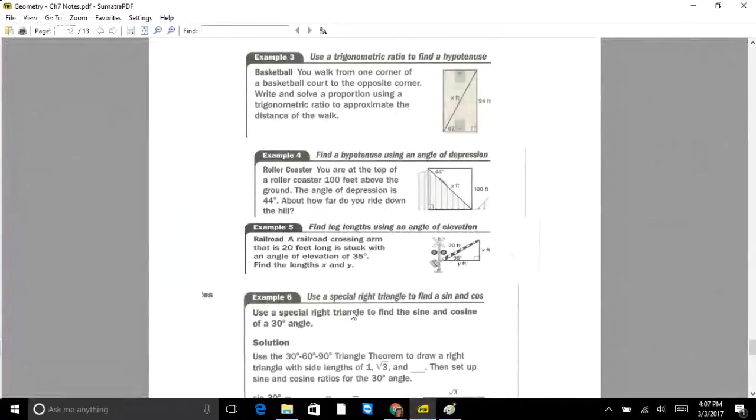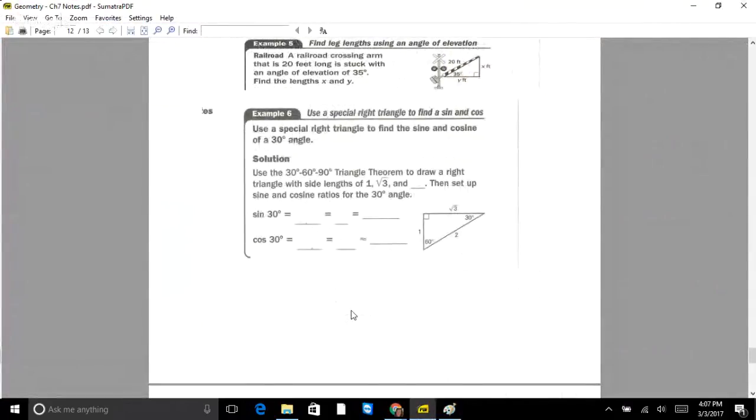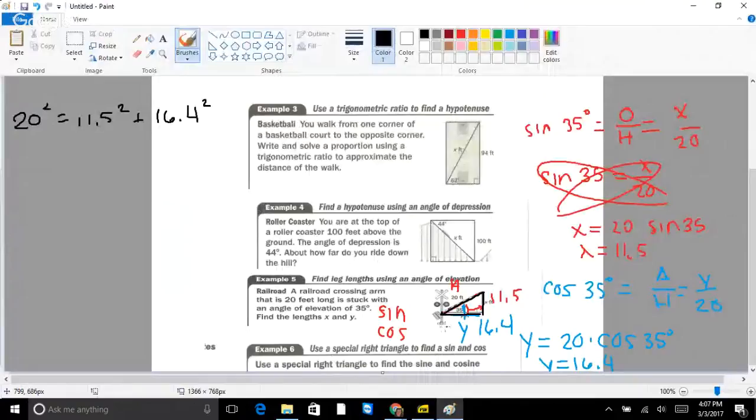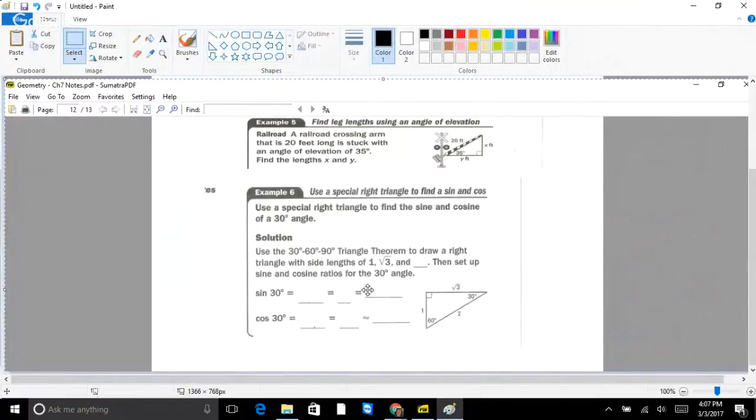Okay, and then there is one last example I want to do with you, which actually brings in information from 7.4. So I think it's a good review. It says, use a special right triangle to find the sine and the cosine of a 30-degree angle. So if you remember, we talked about 30, 60, 90 triangles. And the side that is opposite the 30 degrees, the smallest side, and the hypotenuse are double each other.